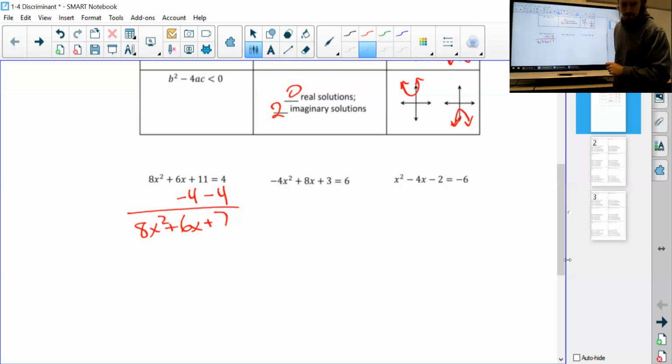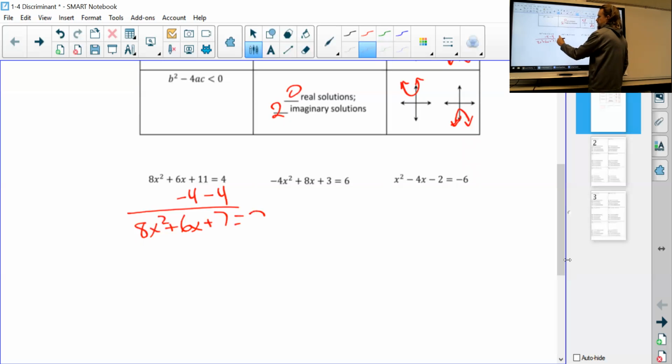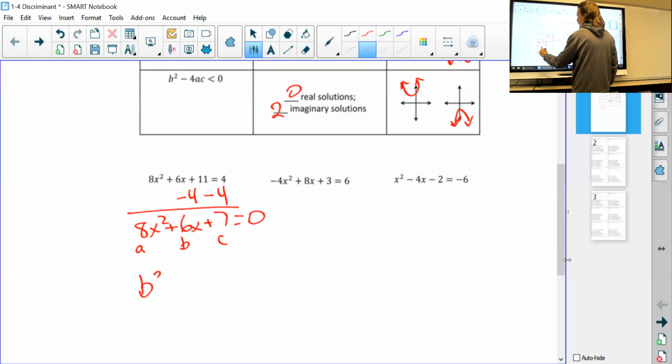And then we can put equals 0. So A is going to be 8, 6 is going to be B, and 7 is going to be C. And our formula is b squared minus 4ac.